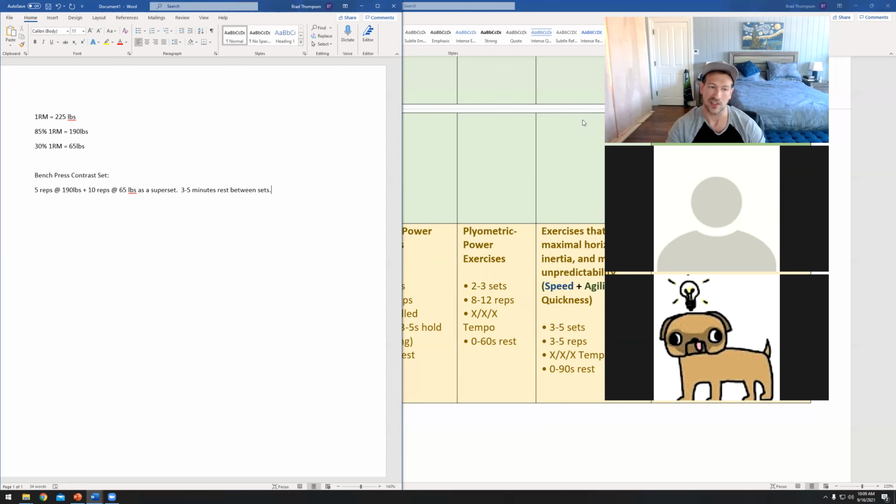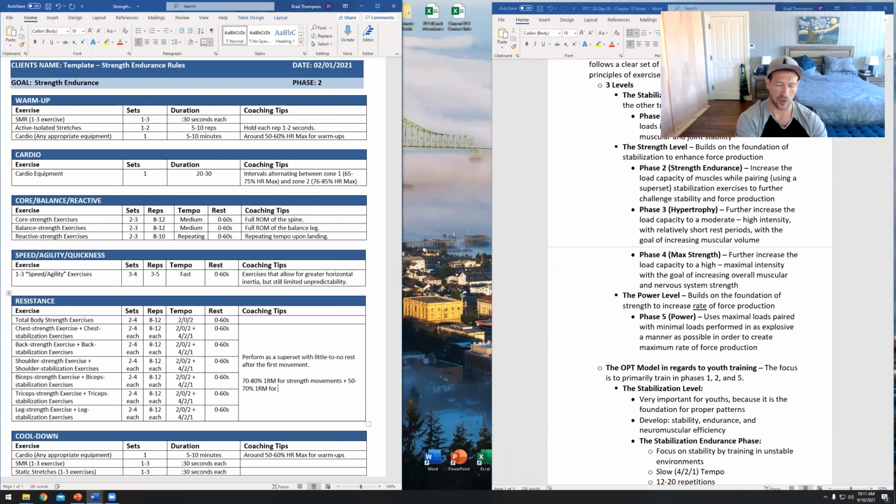Save that. Strength endurance is going to be 70 to 80% of one rep max for your strength movements, plus 50 to 70% of 1 RM for stabilization.